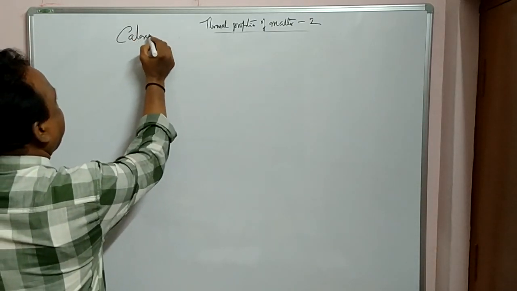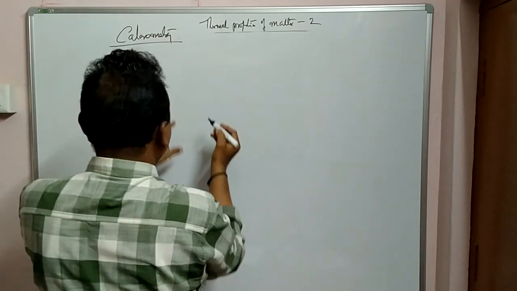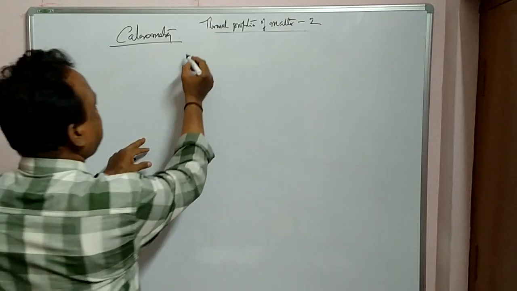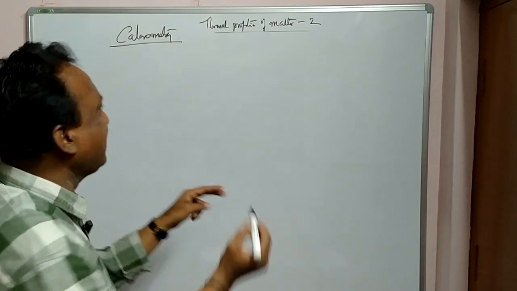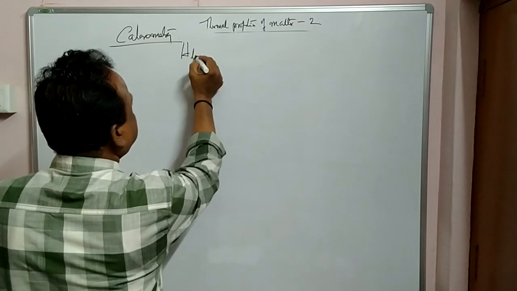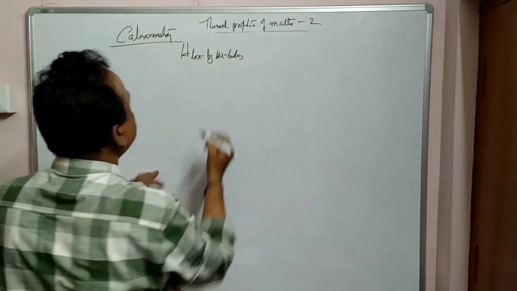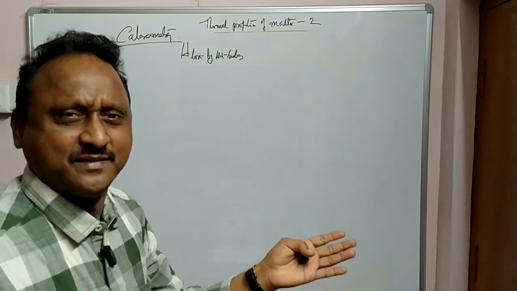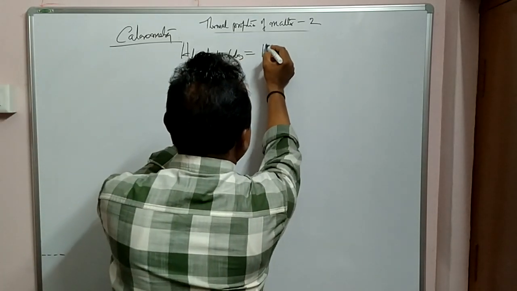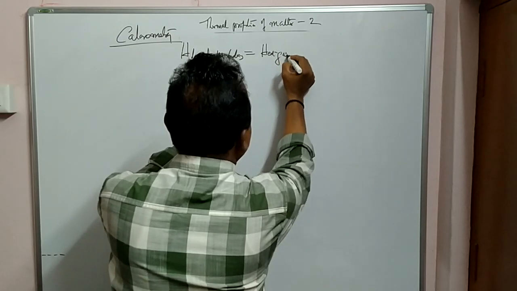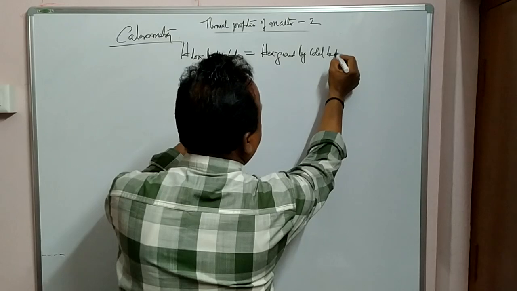See, calorimetry is nothing but the law of conservation of energy, we can also say. Heat lost by hot body or bodies is also nothing but a conservation of energy. Heat lost by hot body or bodies is equal to heat gained by cold body or bodies.